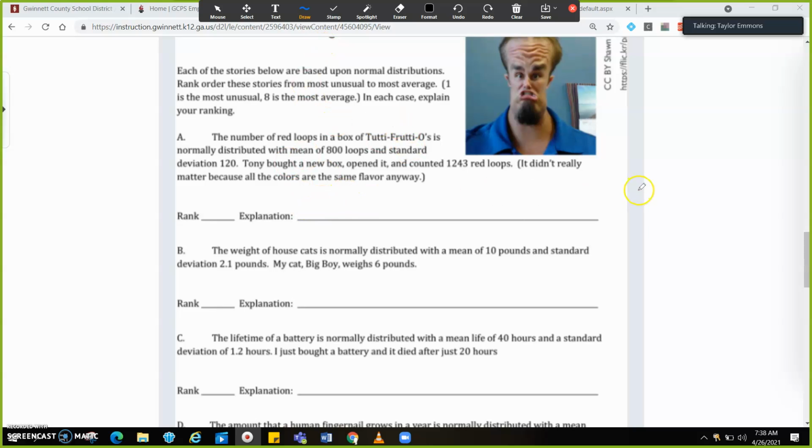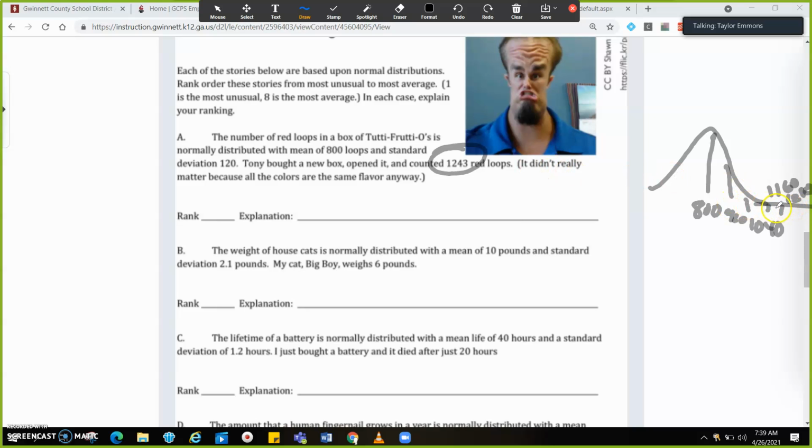So for instance, on this first one, you would have a mean of 800 and a standard deviation of 120. So we would have 920, 1040, 1160, and one more, 1280. They counted 1243.